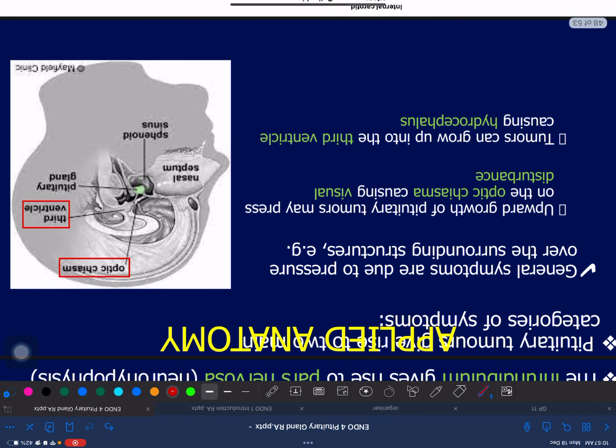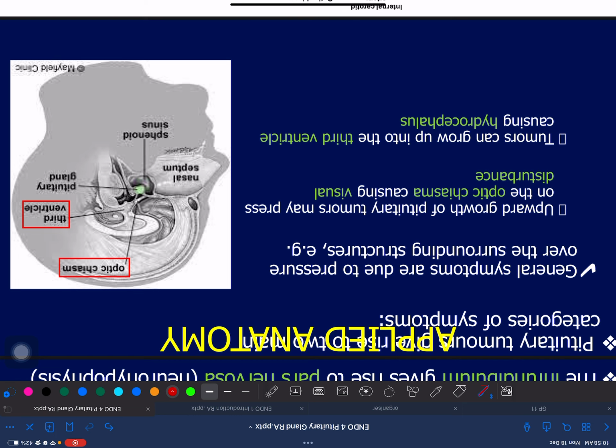Then what happens? This is a bit of applied anatomy. The presence of a pituitary tumor gives rise to two main categories of symptoms. First, general symptoms due to pressure on the surrounding structures. Any pituitary tumor causes compressive symptoms, just pressing on nearby structures. Upward growth of a pituitary tumor may press on the optic chiasm and cause visual disturbance.